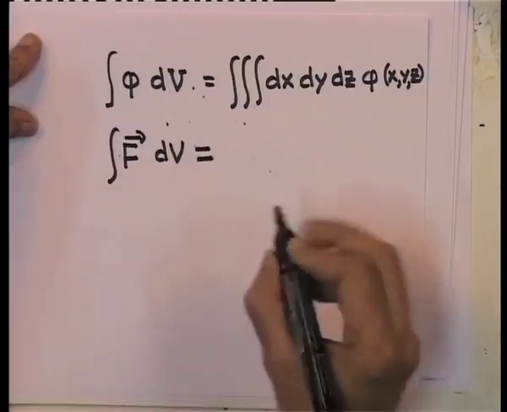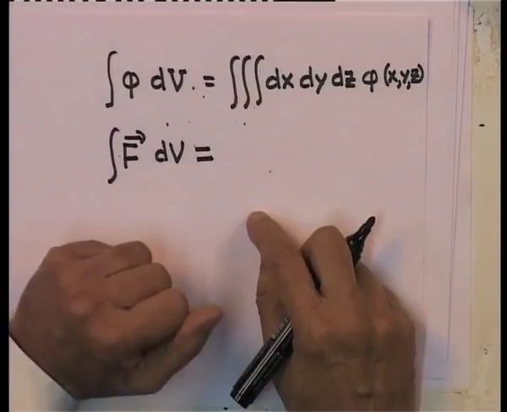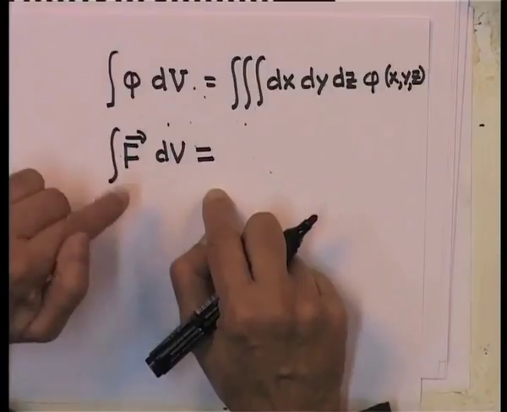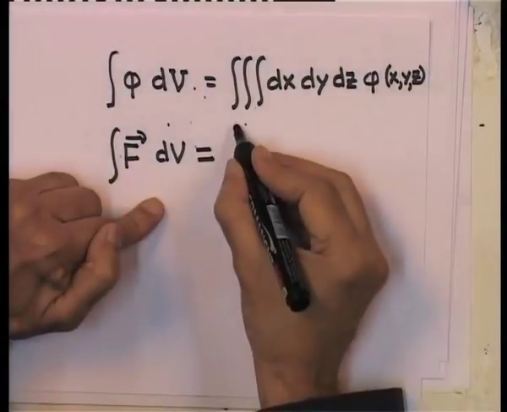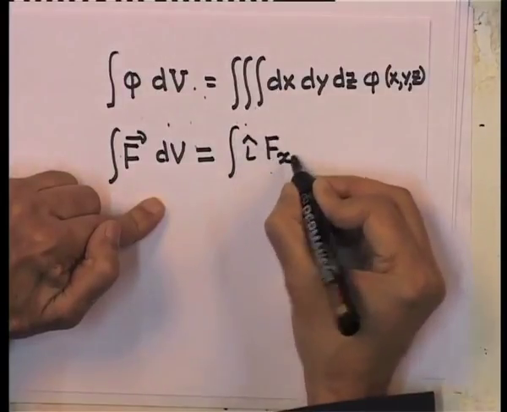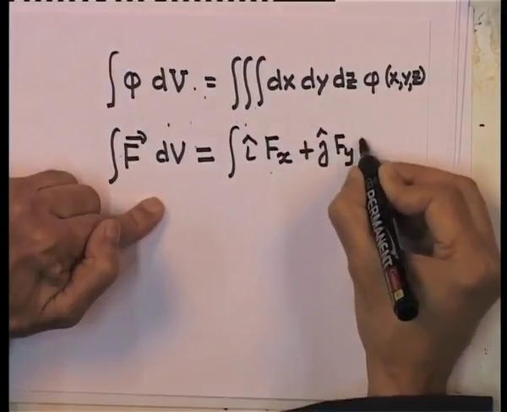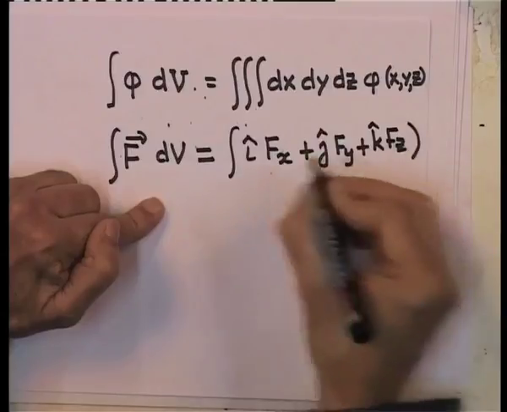That is an integral of a vector field over a volume. Now, this is to be interpreted as actually three integrals, because I can write my F as i F_x plus j F_y plus k F_z, dV.